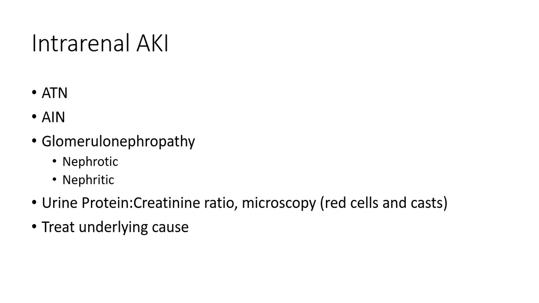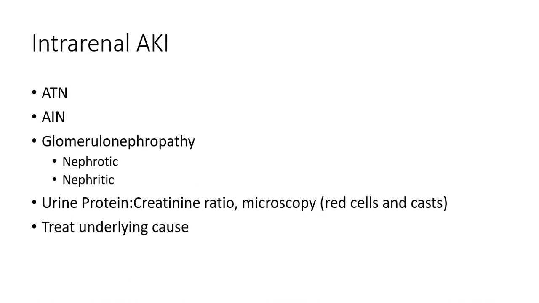sometimes impractical to collect. Urine microscopy is also important because you can look for dysmorphic red cells or a large amount of red cells, which would indicate hematuria and possibly nephritic syndrome. Microscopy can also detect casts such as red blood cell casts, which would be in keeping with nephritic syndrome, or granular casts, which would be in keeping with ATN.